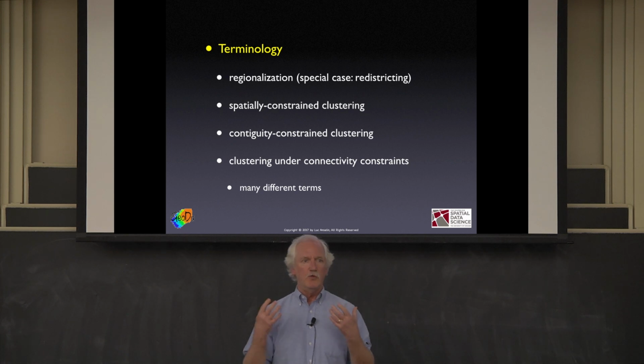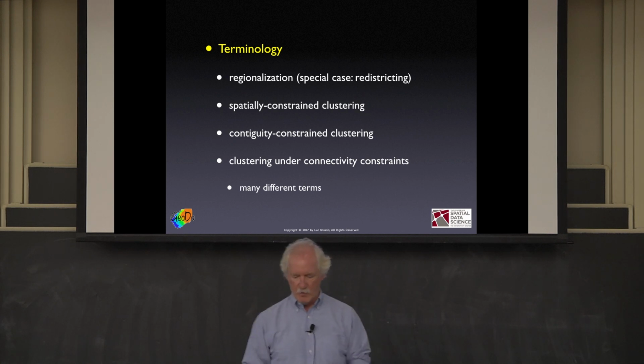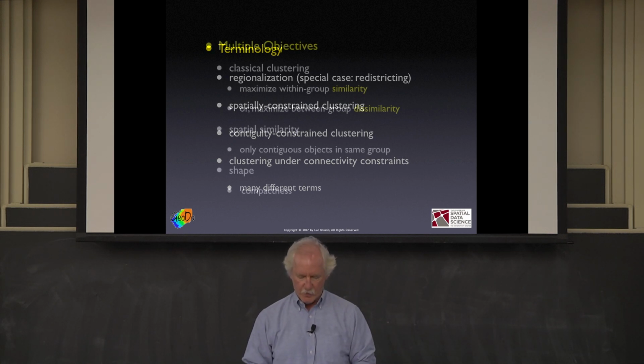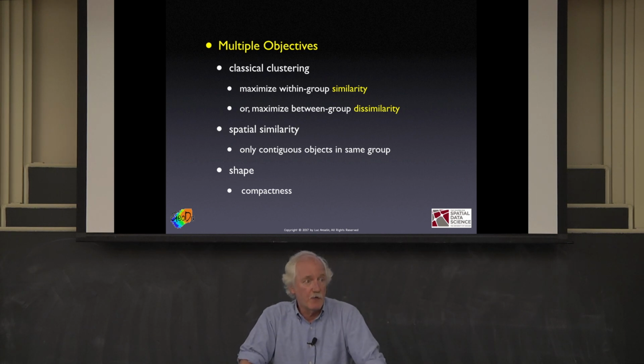You have these 2 objectives that in a sense are fighting, the attribute similarity and the geographical similarity, or the contiguity. So in classic clustering, we have, as we've seen now a couple of times, these 2 possible metrics. One looks at within group similarity.